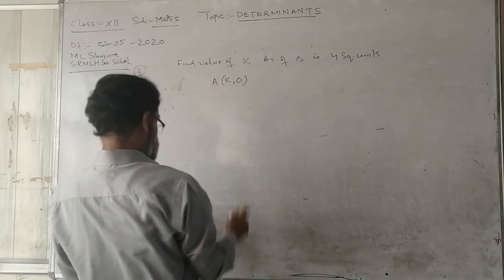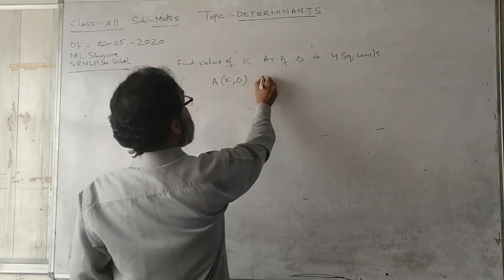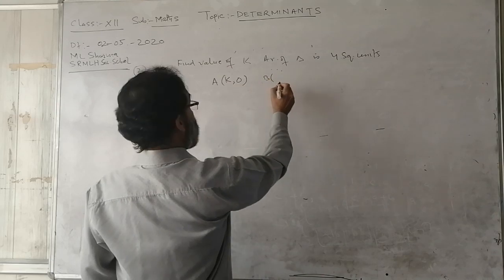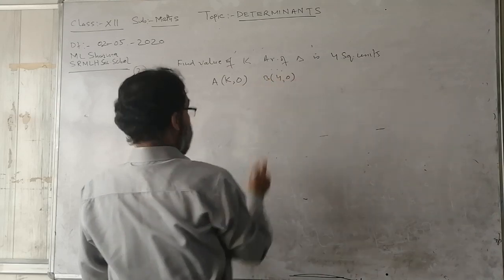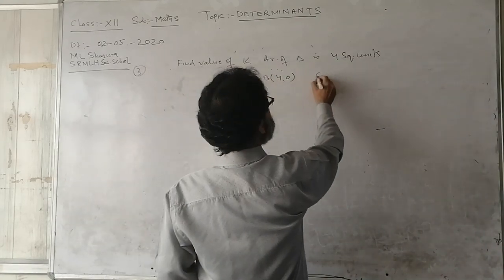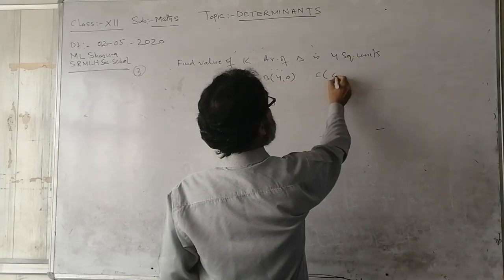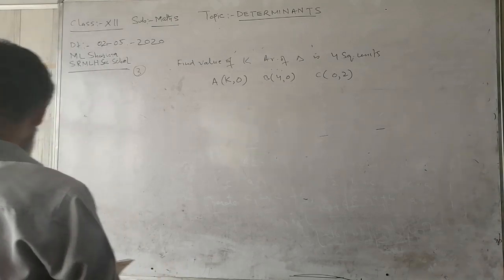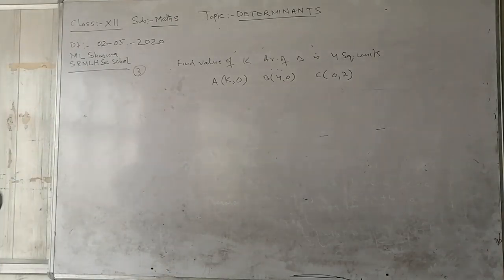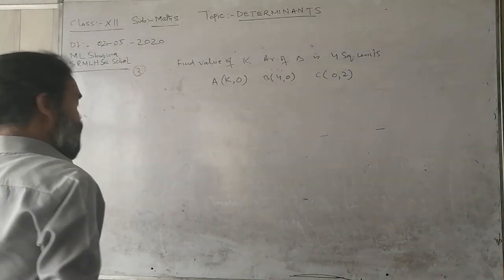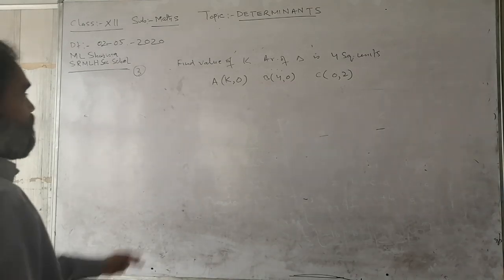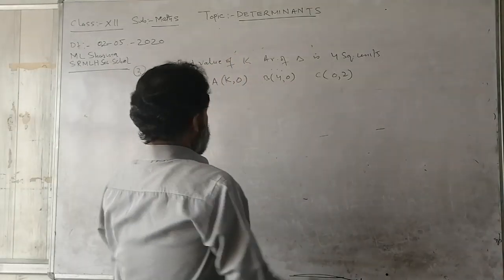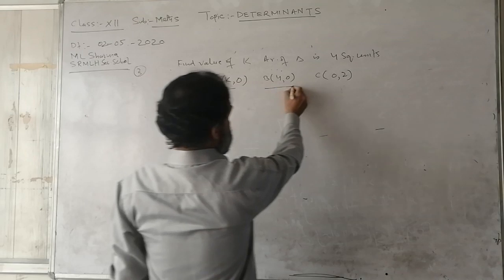This is say vertex A, B is 4, 0, and C is 0, 2. So this is how this value of k you have to find out. So this is A, B and C.